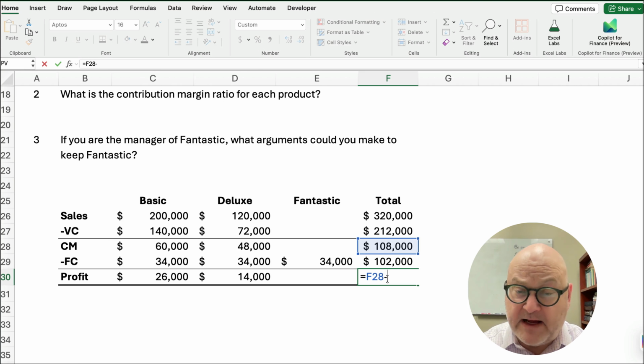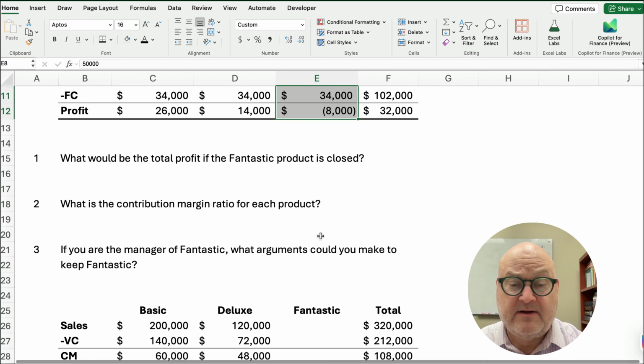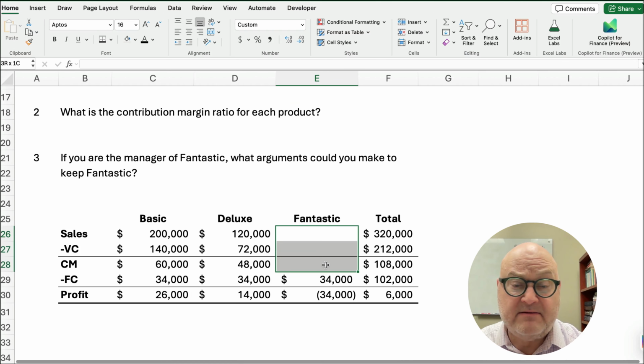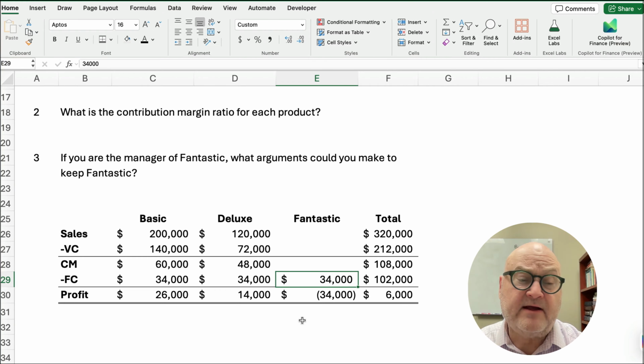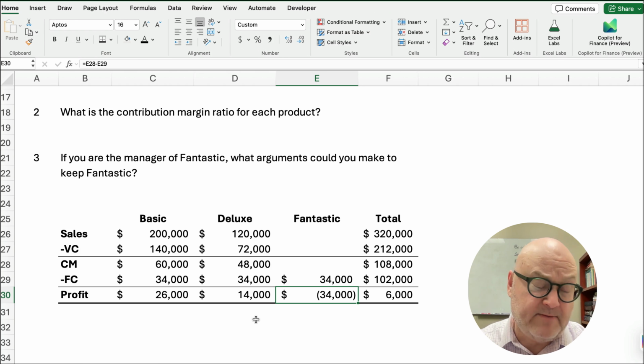So instead of losing 8,000, we don't get any cost savings. We have 34,000 fixed cost. And so it's like this division has a $34,000 loss. We can't assume that our fixed cost goes away because we hope that they do, right?